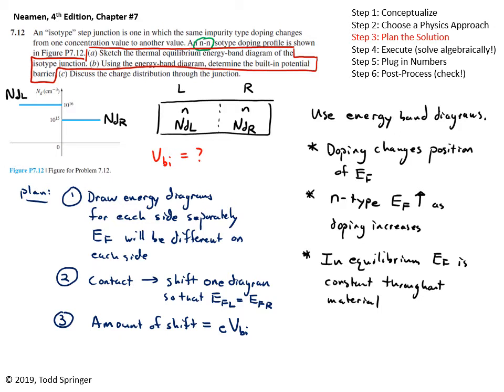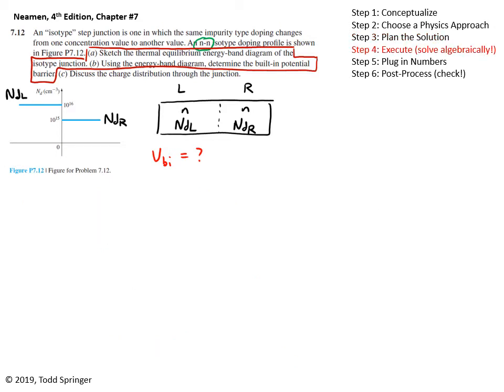And of course, this amount of shift will be equal to the initial difference, EF left minus EF right. Okay. So that's the plan. Now we can go ahead and start executing it. We're going to go through this derivation.